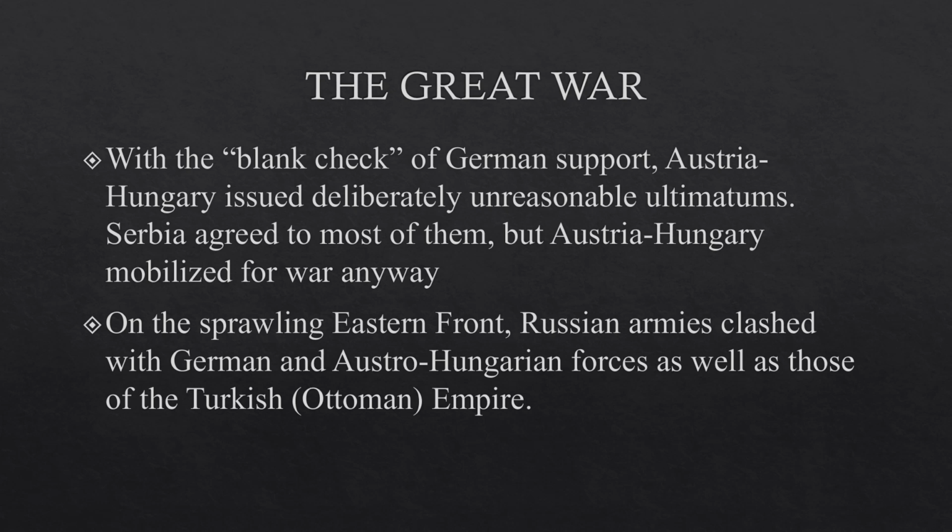They started to raise militaries and to declare war on each other. On a sprawling Eastern Front, now we're going to look at the Eastern Front, look at your maps, Russian armies clashed with German and Austro-Hungarian forces, as well as those of the Turkish or Ottoman Empire. Within 5 weeks of the assassination, the Great War was threatening the stability of the whole world.